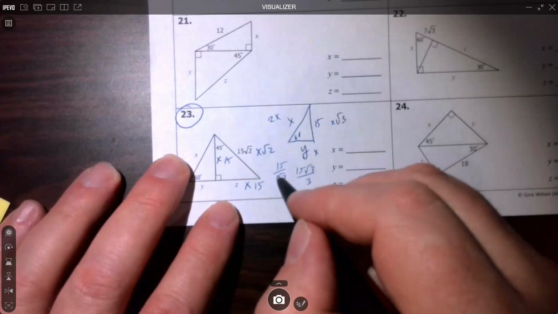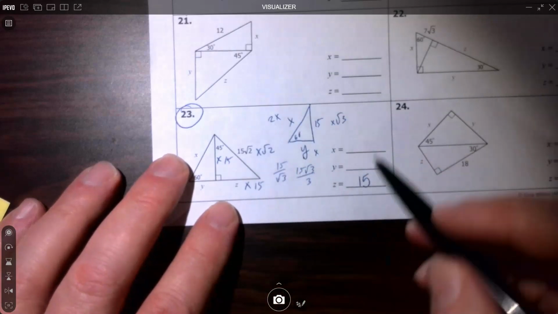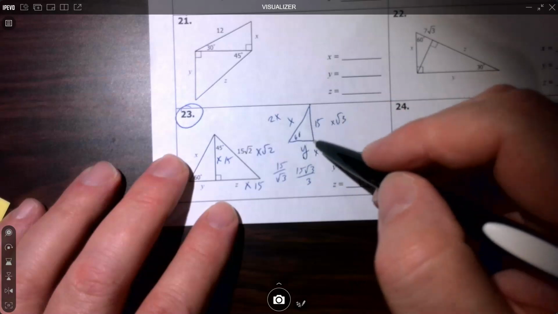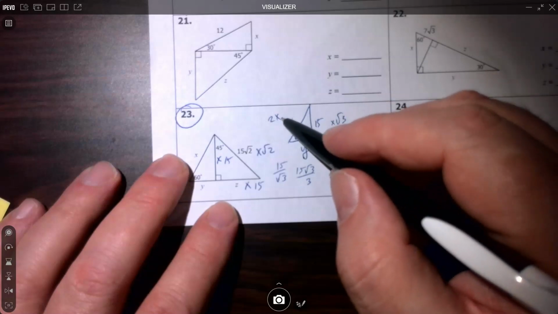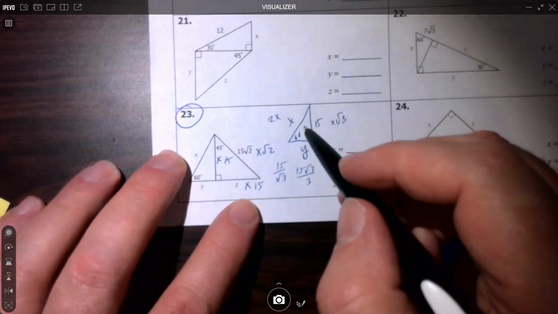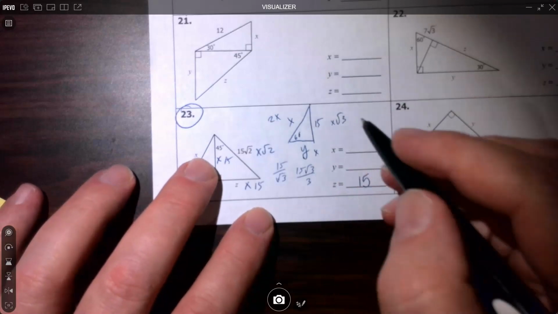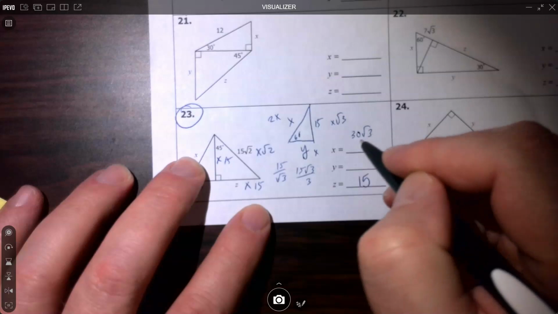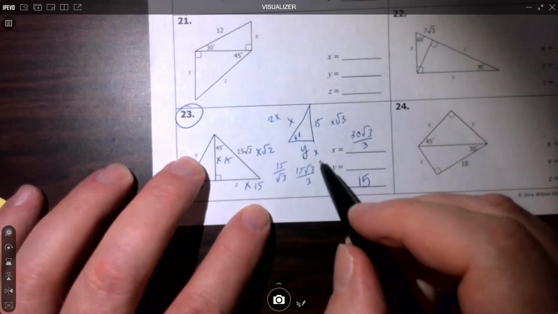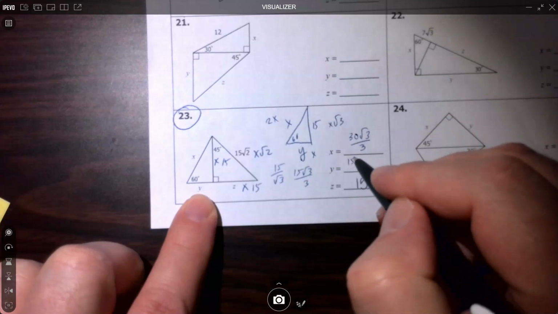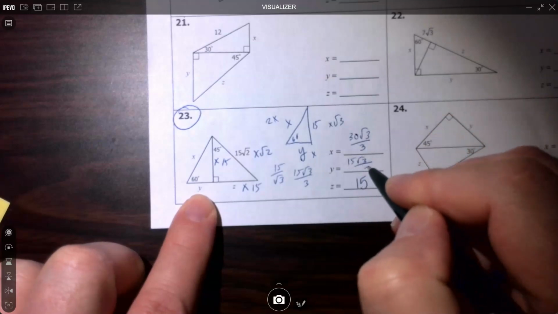Remember, you slide it up and then write it without the square root on it, okay? That's for y, and then once I get that x, now I just multiply it by 2. So, my final x, which is the one in the picture, is 30 square root of 3 over 3. And y in my picture is down here, which is 15 square root of 3 over 3.